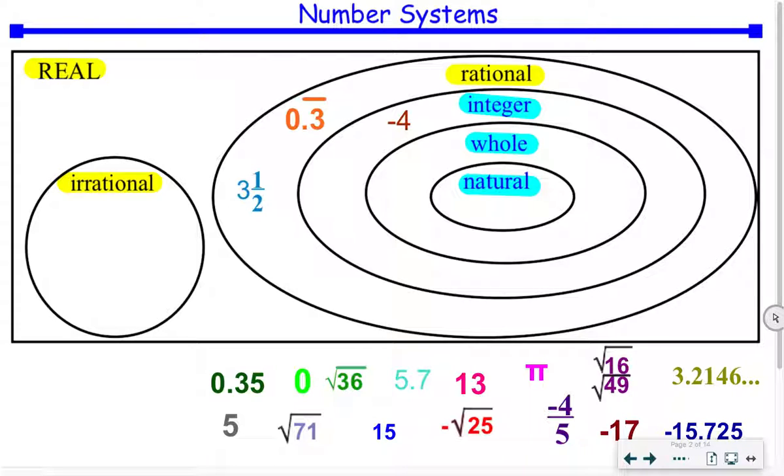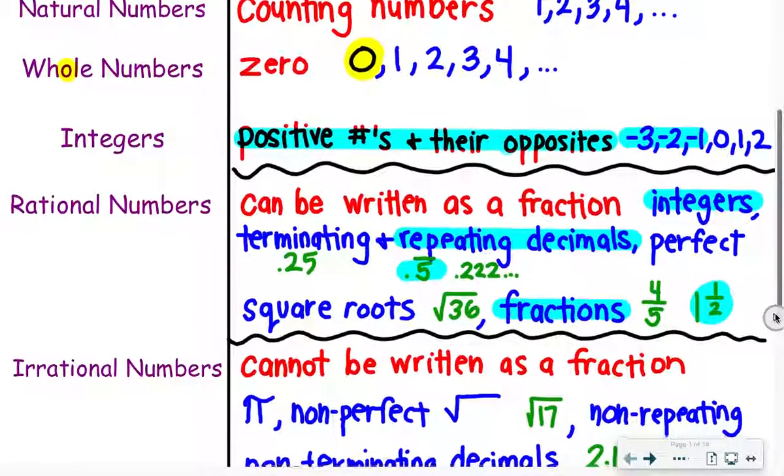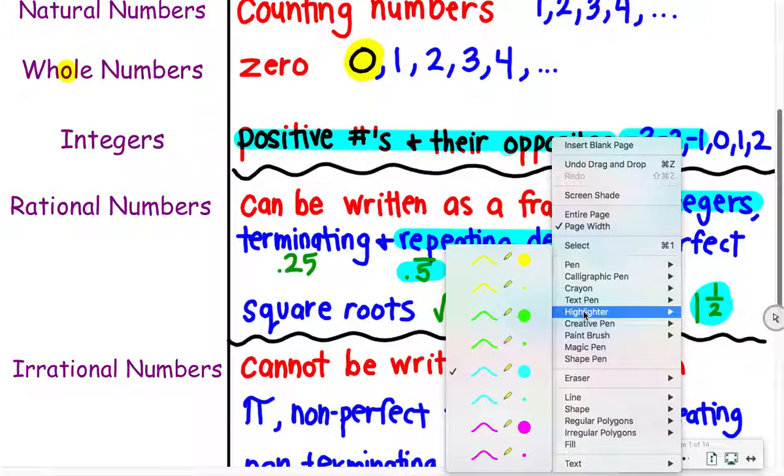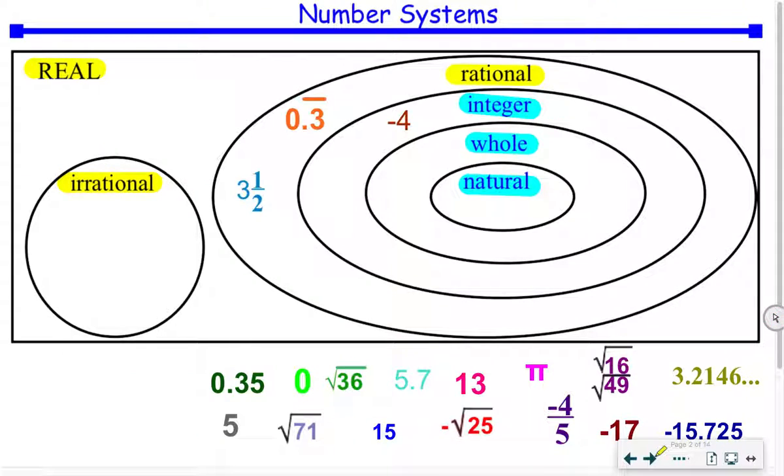So like I said earlier, a lot of numbers will fall under more than one category, but bring them to the innermost ring. All right, 0.35 is a decimal that stops, or a terminating decimal. So where I see terminating decimals is right here, terminating, like 0.25. So I'm going to take 0.35 and drag it to rational.